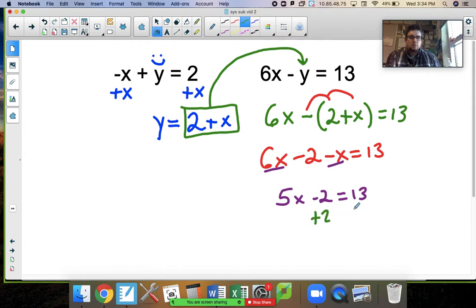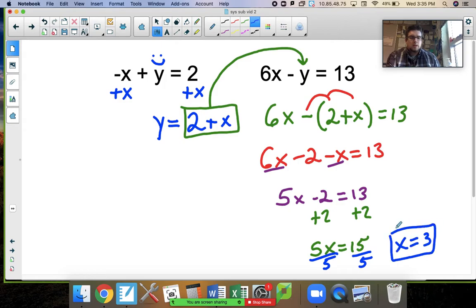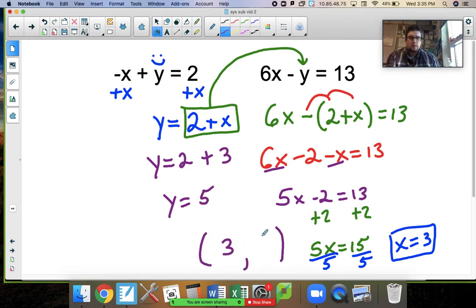We add 2, add 2. And x equals 3. Now that we have what x is equal to, we're going to use our first equation right here. Plug in 3 for x, 2 plus 3, and y is 5. We write our answer as a coordinate point, (3, 5).